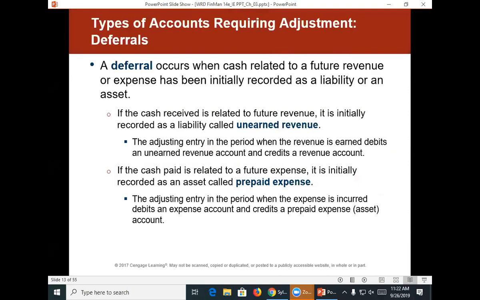We can also have deferrals. Our other type of adjustments are deferrals. Number 3. We could have deferred revenues, and we can have deferred expenses.